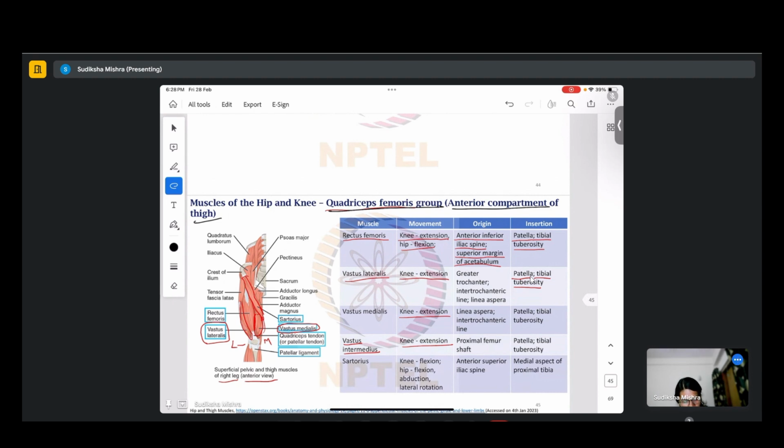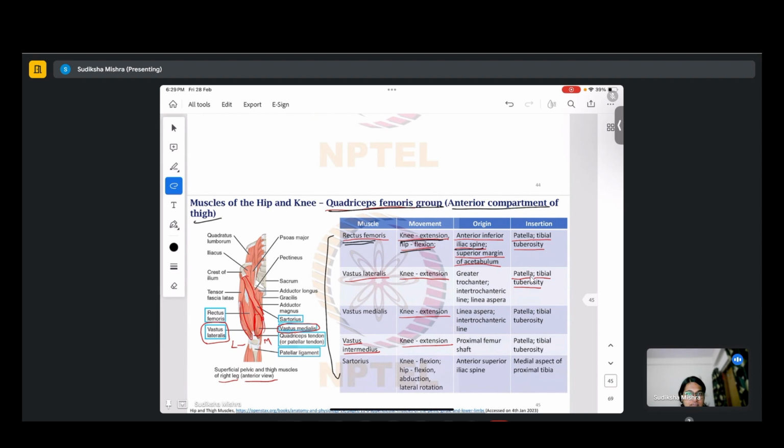Okay, and this consists of 5 different muscles. The first one is rectus femoris, which is responsible for knee extension and hip flexion. So opposing things, but at different places.